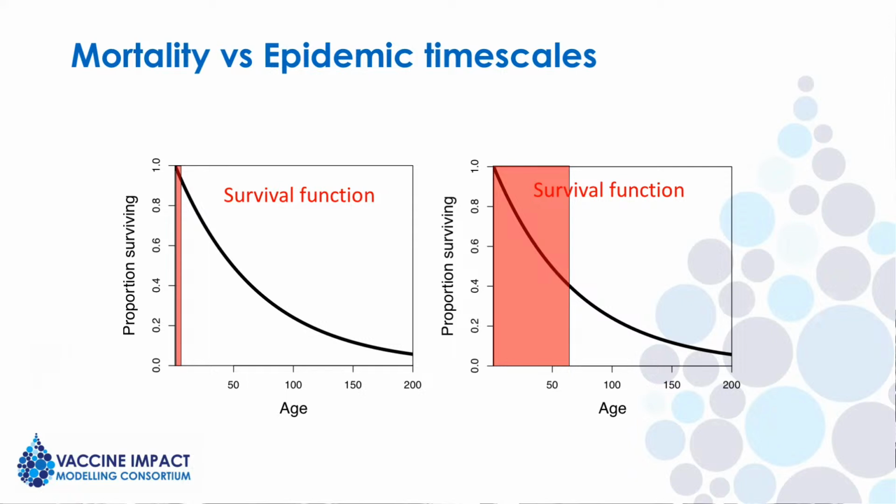It's not going to be affected by the mortality. If you've got something else, maybe where people are infectious for the rest of their life, then what you assume about that lifespan is quite important. That's going to affect your dynamics. So depending on your context, you may or may not be worried about this assumption.